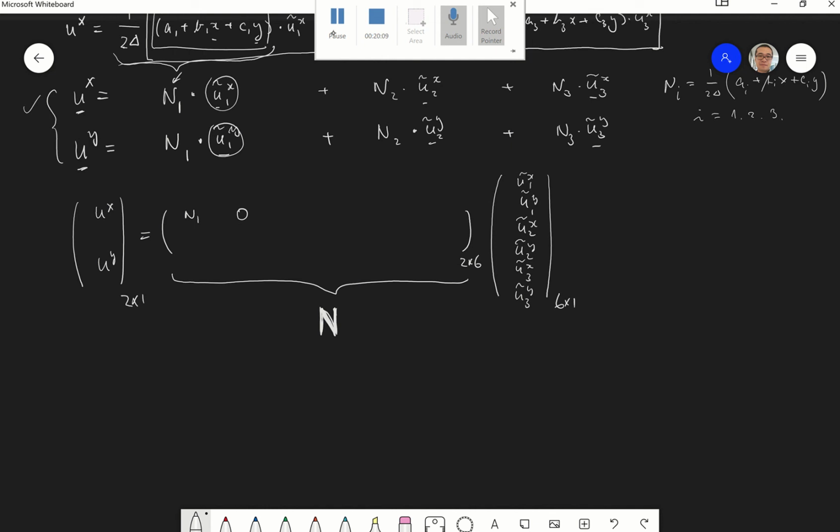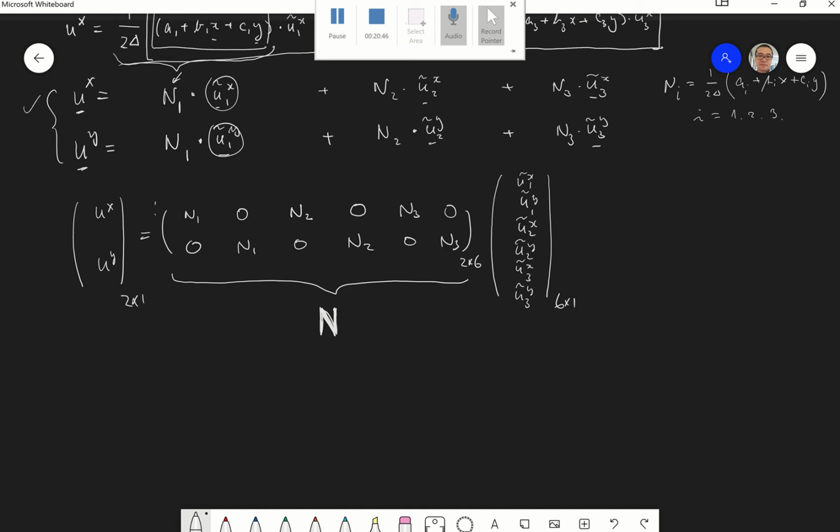Now Ux does depend on the third element, u2x tilde, and the coefficient is n2. So this element will be n2. And then similarly 0, n3, and 0. Now you can also work out the values for the next row, which will be 0, n1, 0, n2, 0, and n3.